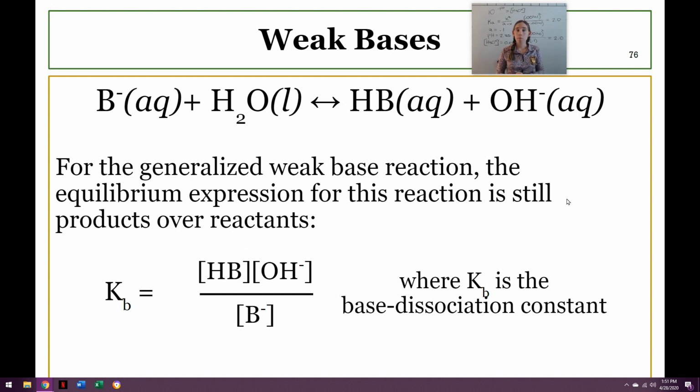For the generalized weak base reaction, the equilibrium expression looks like this, where you have Kb instead of Ka. It means the exact same thing, it's just for a base, where you have your products, HB times hydroxide, divided by your base concentration. Water is again excluded because it is a liquid and not an aqueous.